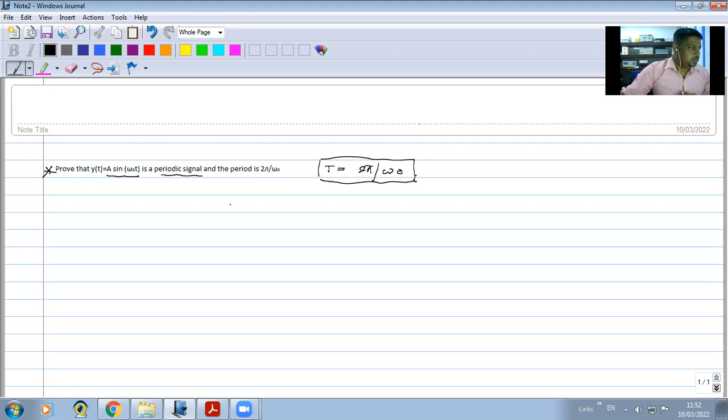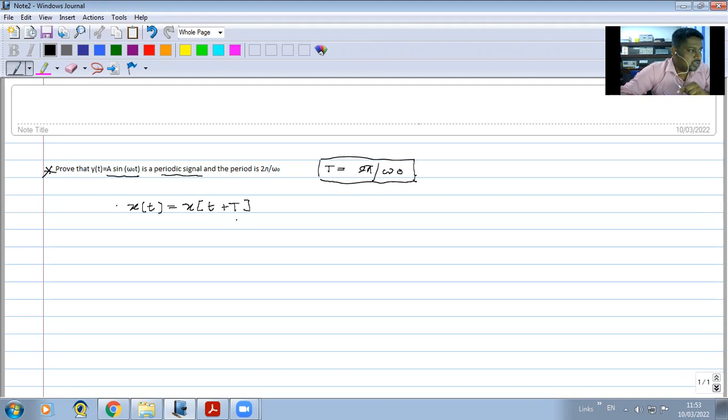We already know that the sinusoidal signal is a periodic signal, but this time we are going to prove it using the condition of a periodic signal. So what is the condition? Already you know that if we have a signal x(t), it will get the same value, or same amplitude, after some time.